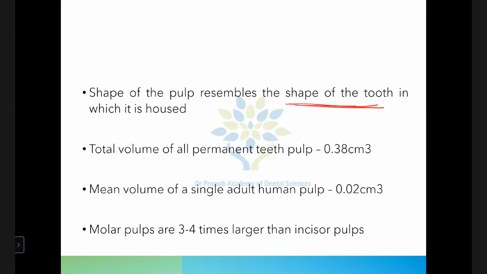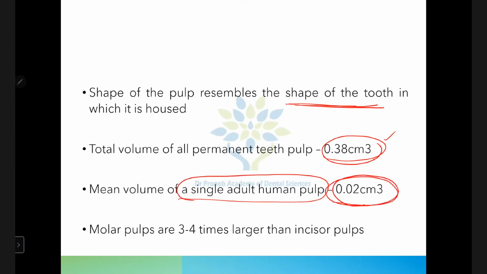Next, the total volume of all the permanent teeth pulp is 0.38 cc, cubic centimeter. So the whole permanent teeth pulp occupies 0.38 cc volume. Whereas a single adult human pulp occupies 0.02 cc, and the molar pulps are 3 to 4 times larger than the incisor pulps.